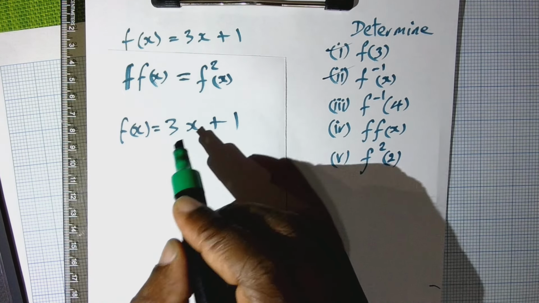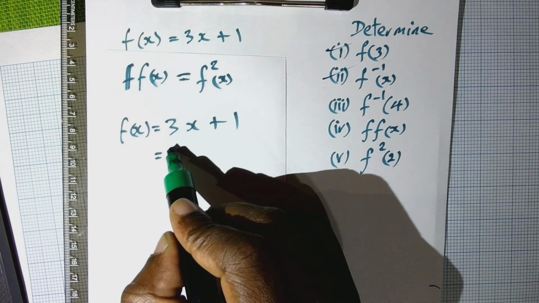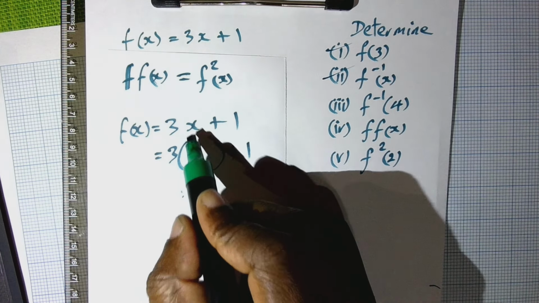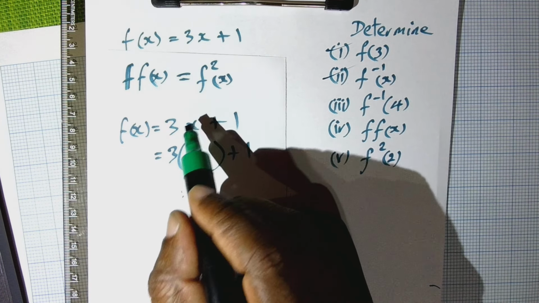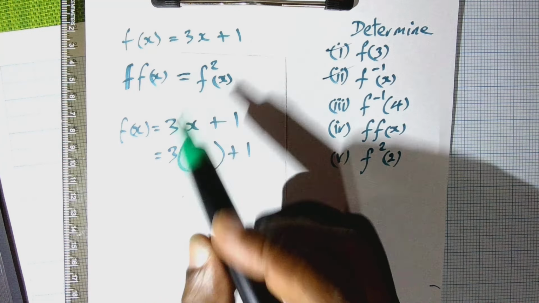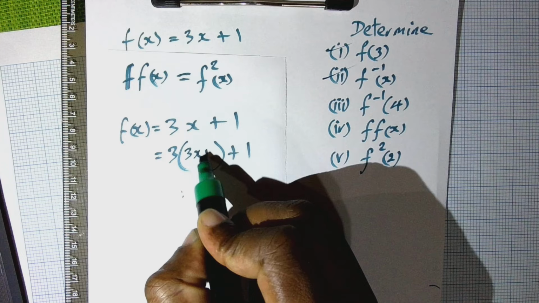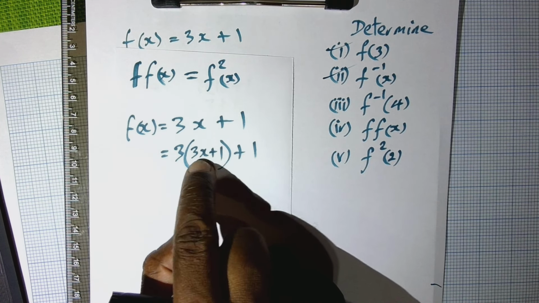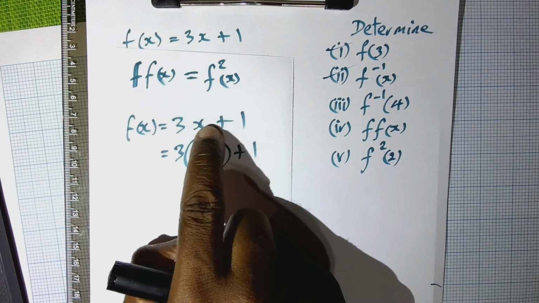f of x. So what we're going to do, we're going to take what? The x, replace it with the brackets, and put inside of this function, where x is, the same function for f of x, which is 3x plus 1. So do you notice that we have f of x within what? f of x.